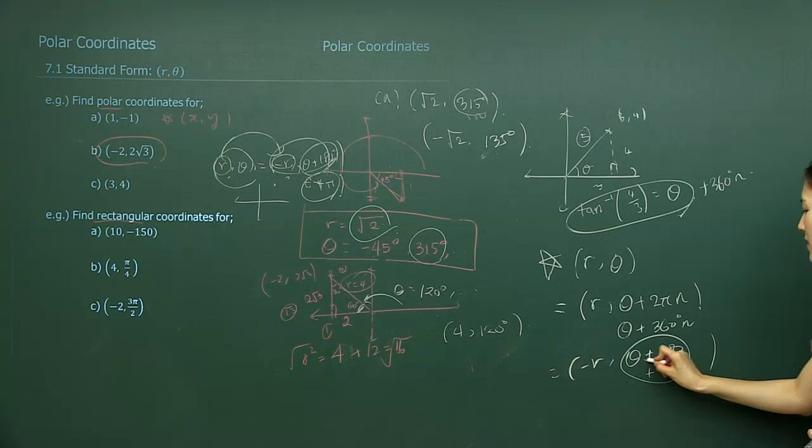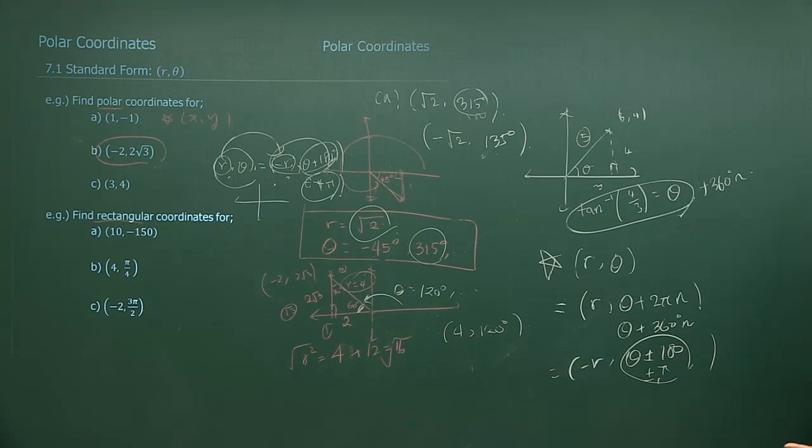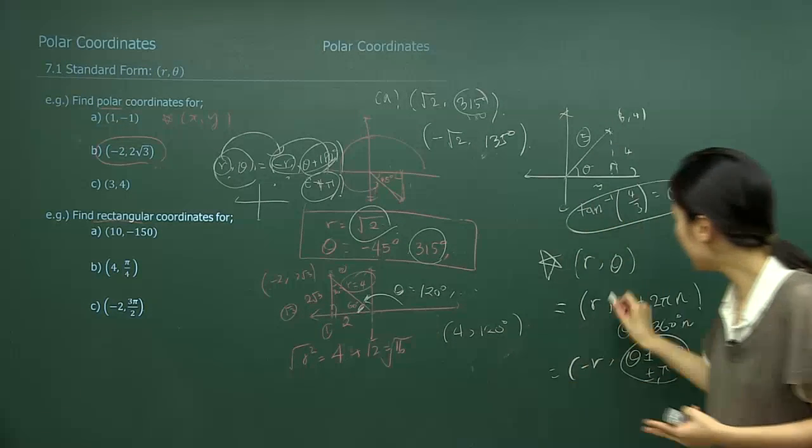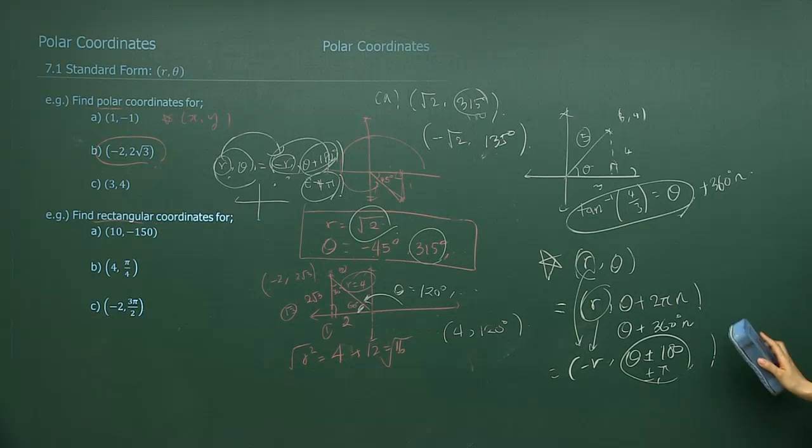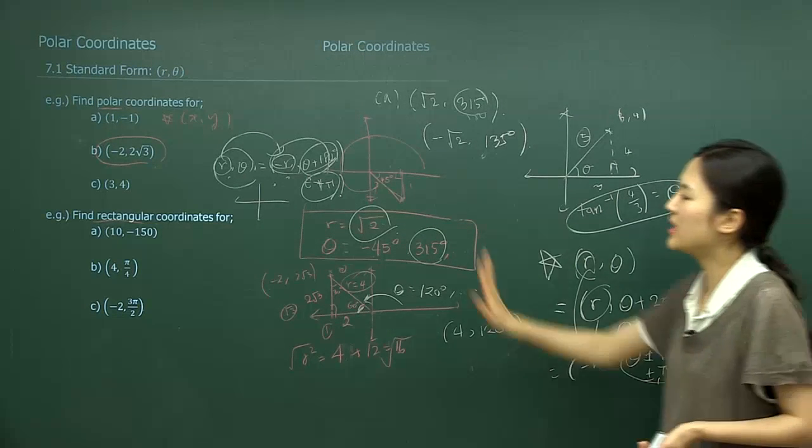So plus or minus, it doesn't matter. Okay, so just remember this. Adding or subtracting 180 will let you convert r into negative r. All right, now let's move on to the second part of the examples.